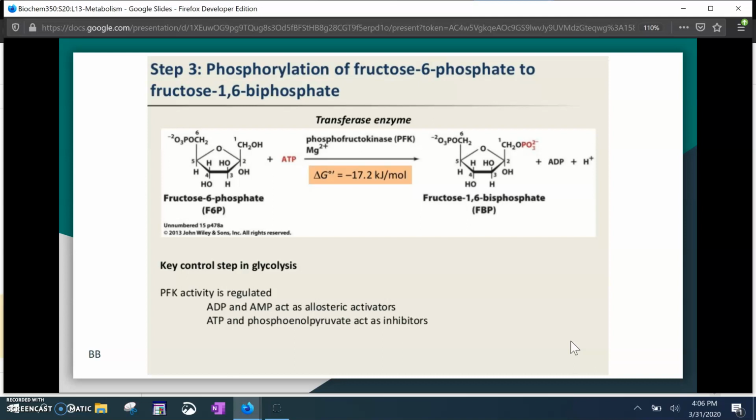It is regulated by both ADP and AMP levels, and also ATP and phosphoenolpyruvate, which is actually something further down in the chain. They actually have feedback into how this step goes along as well. And this large negative delta G is something that we want to keep track of. If we were in class, I'd be writing these on the sideboard.